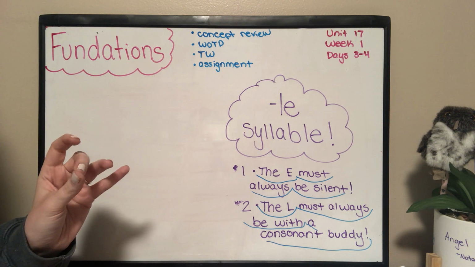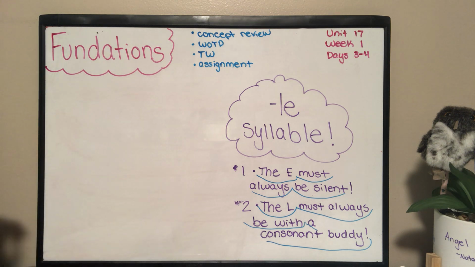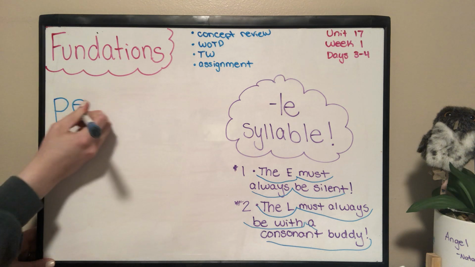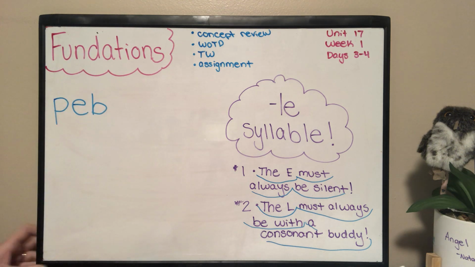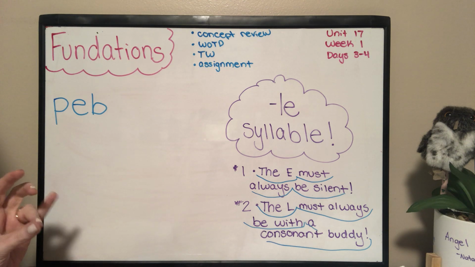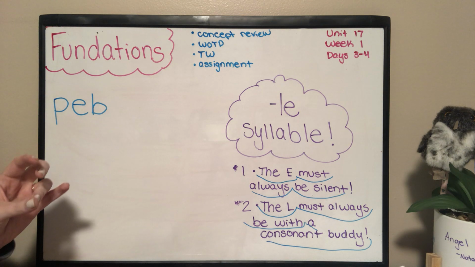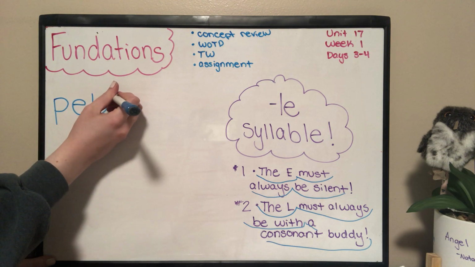P, E, B. Nice. And our last syllable in the word pebble is bull. B-U. And we know it's going to be an L-E. Awesome. It is a B-L-E.